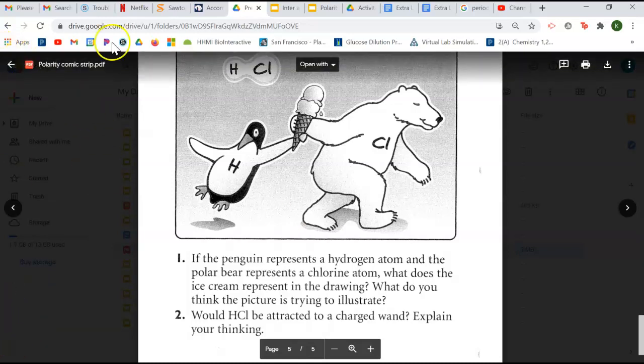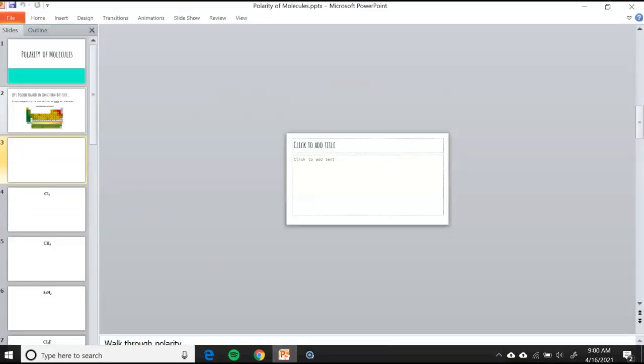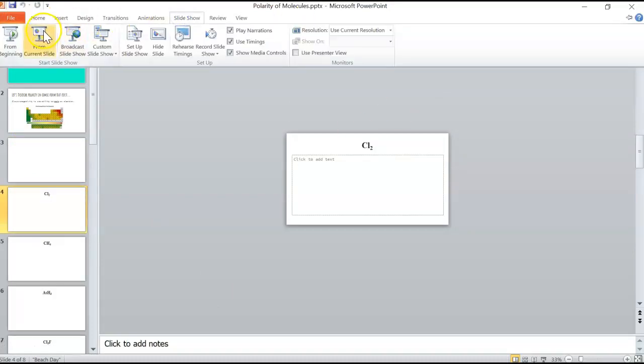So, returning to our presentation here, let's go through some of these examples, and I'd like you to include those in your notes. For the first example, we have chlorine, two chlorines. The easiest way to determine if they are polar or nonpolar is by drawing your molecular structure. This is where those lone pairs are really going to come into play.